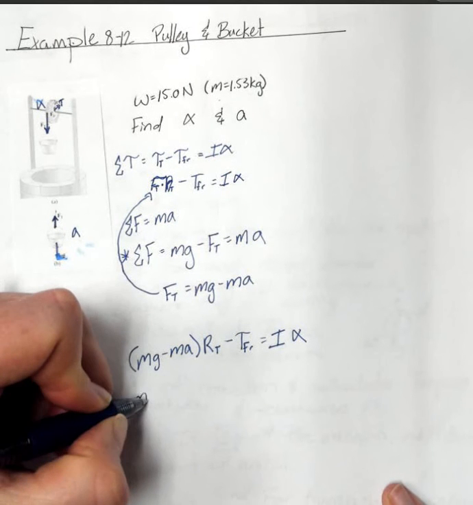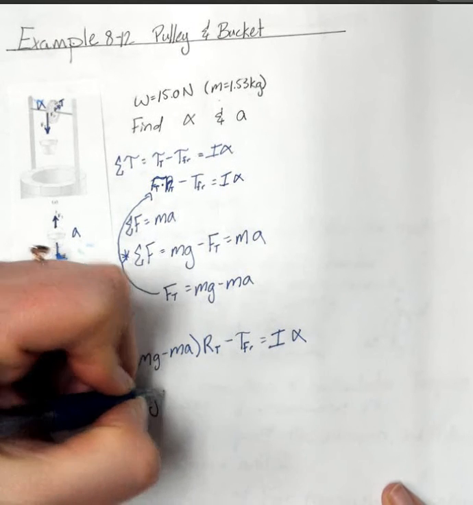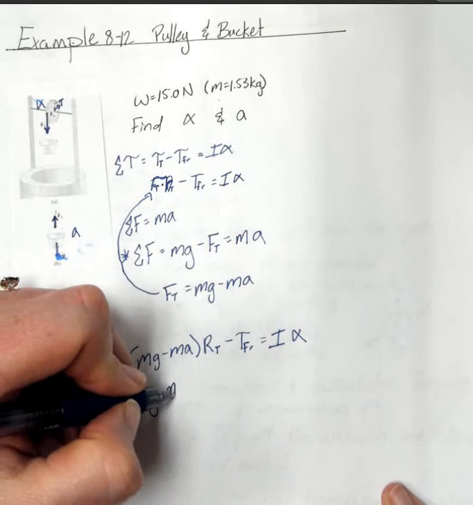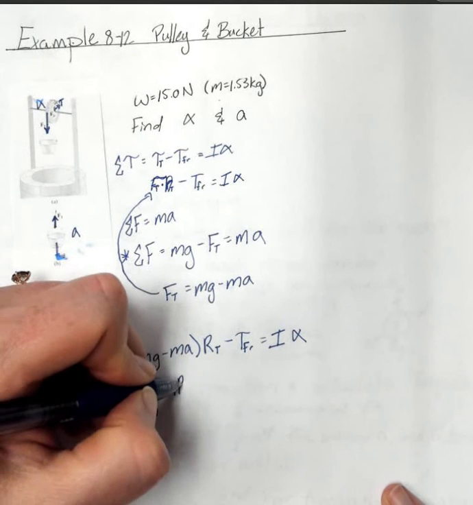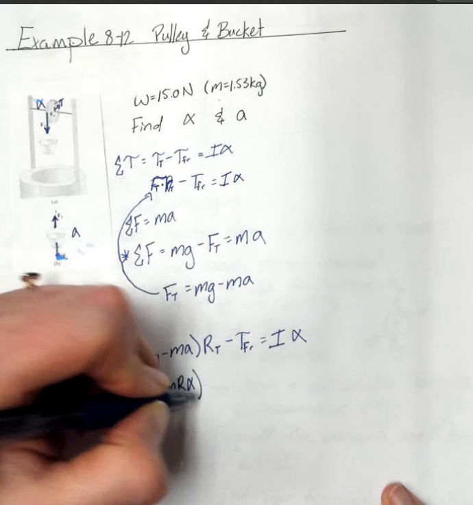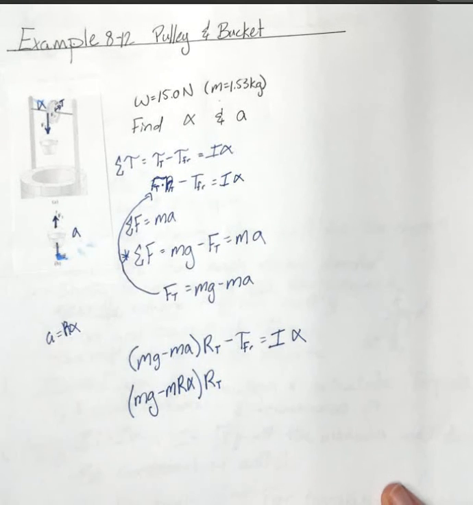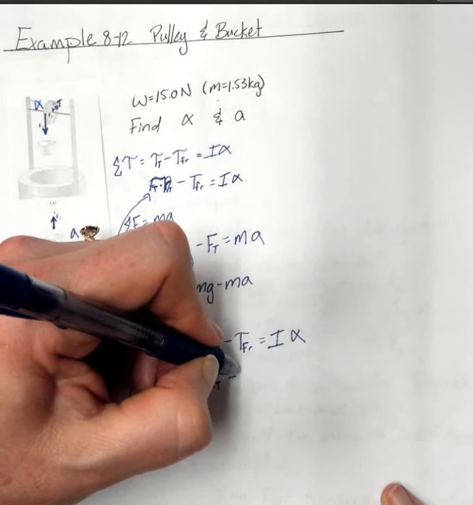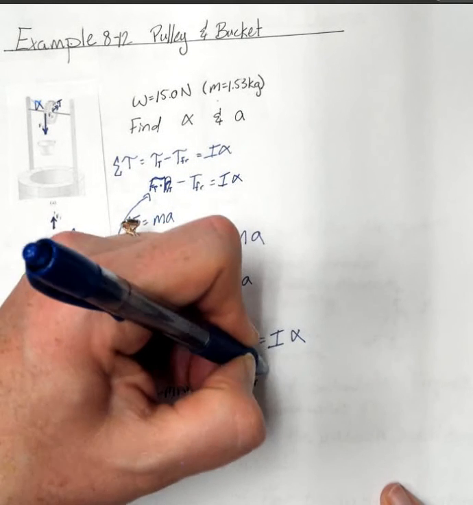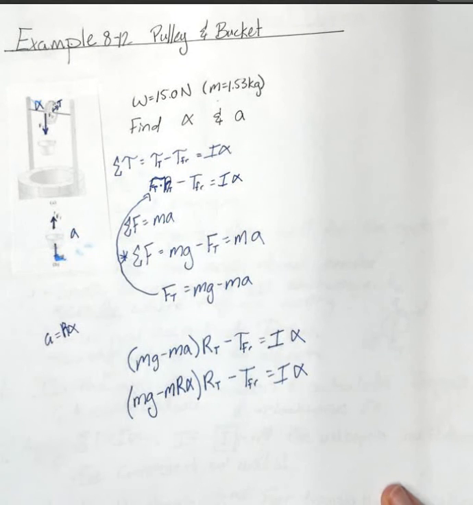So it's going to be mg minus m r alpha, times the radius, minus the torque of friction, equals the moment of inertia times alpha.